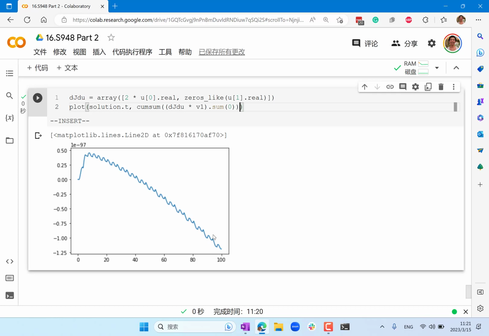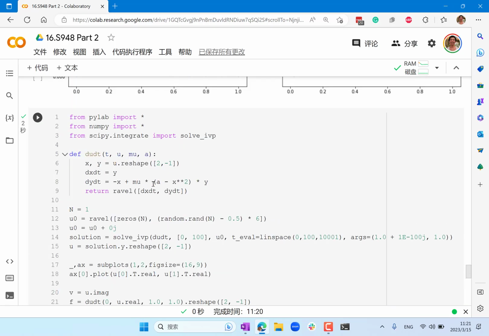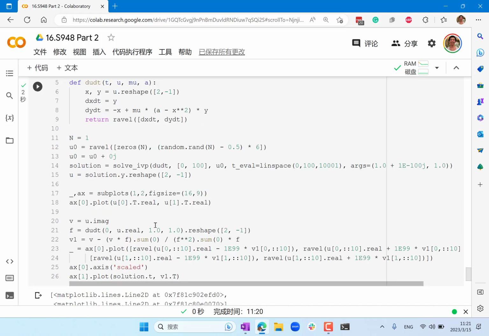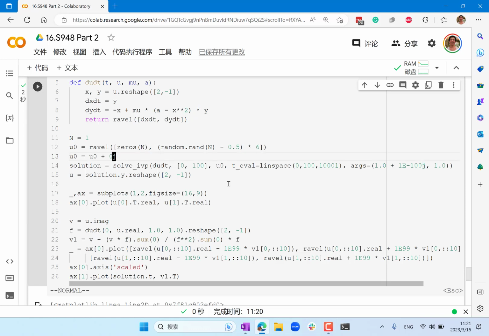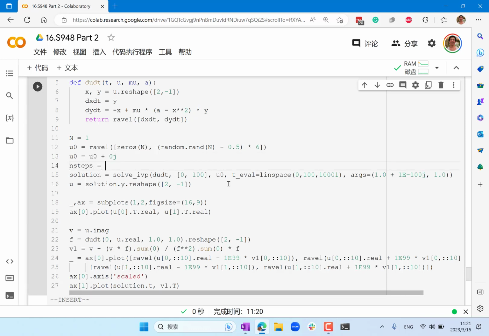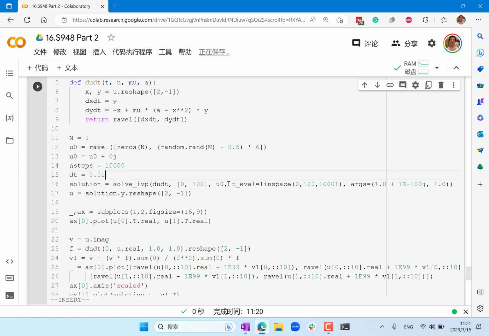So it hasn't reached what seems to be a steady state yet. Let's increase the length of the time integration by a little bit. Let's make n steps 10,000, and dt equal to 0.01.